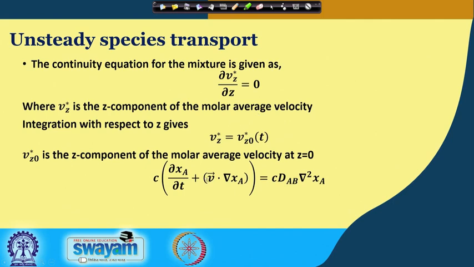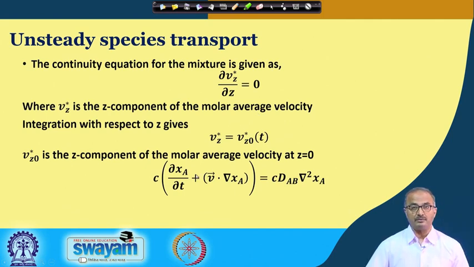Now, this problem can be solved only when we have the appropriate initial and boundary conditions, and because it is an unsteady state situation, we need some initial condition. In this particular thing we find that we have the second degree in the derivative, and because it is one dimensional in the z direction, we need two boundary conditions in the z direction.